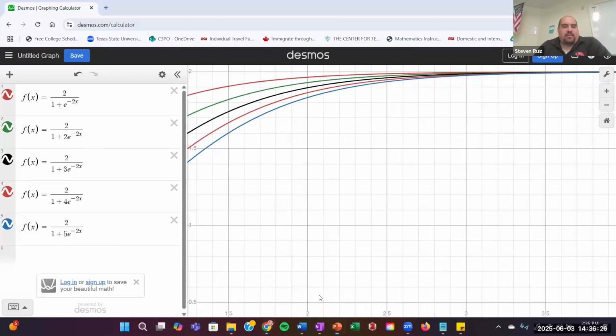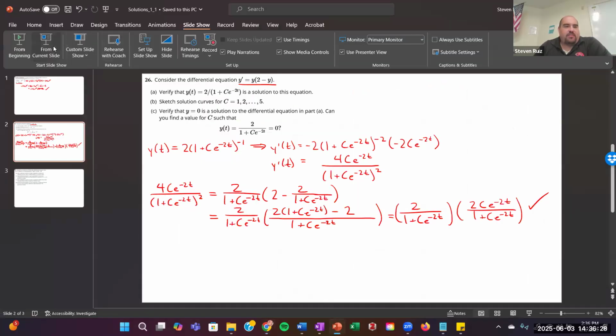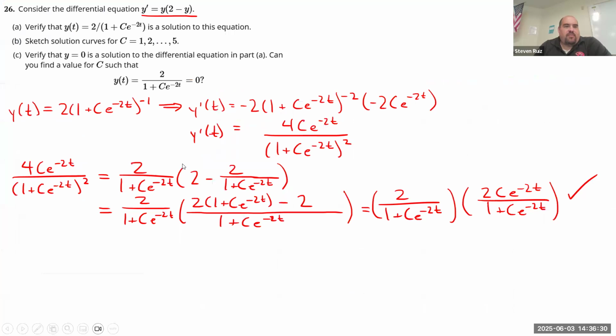Okay, so let's look at the final part of this question. Verify that y equals 0 is a solution to the differential equation in part A. So that should be quick to do.